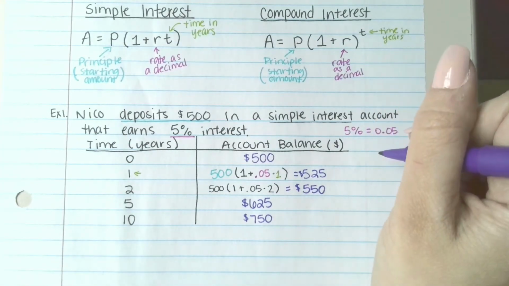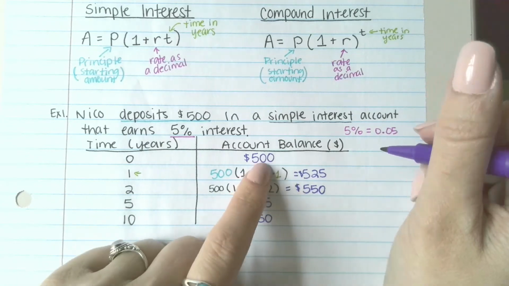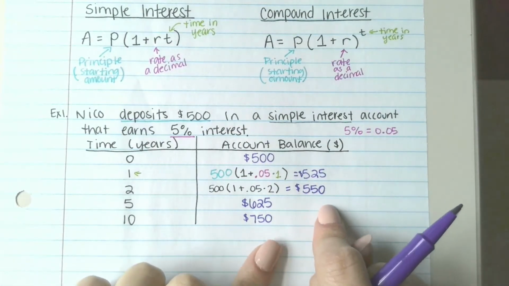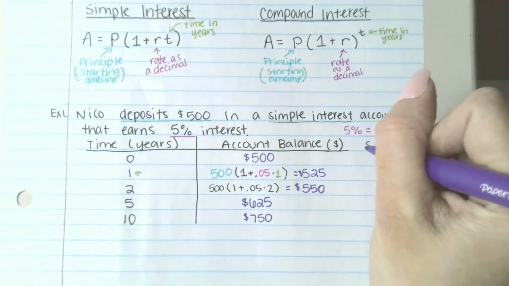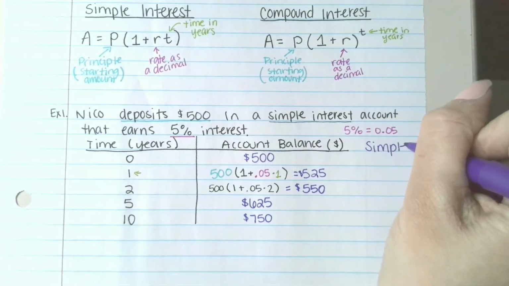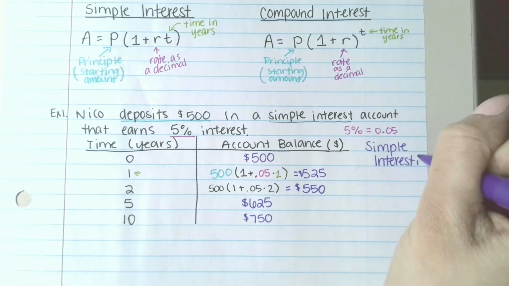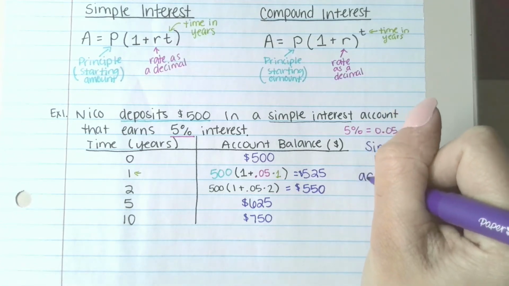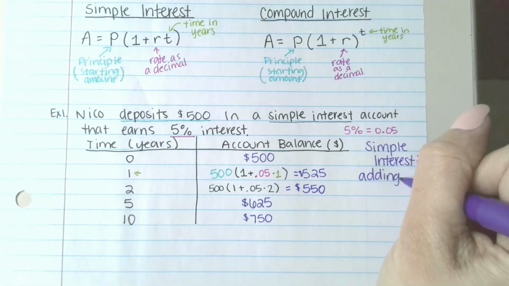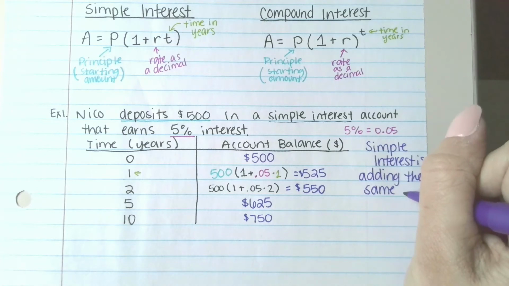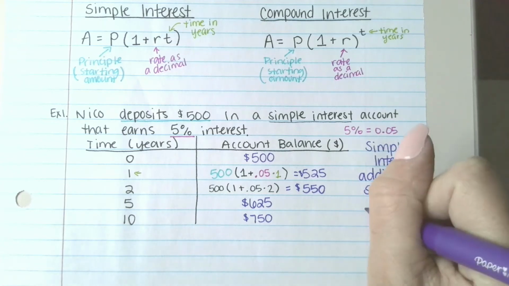So we can see here that this 0 to 1 to 2 is just adding $25 each time. And so the thing that I want you to remember is that simple interest is adding the same amount, I'm going to put AMT, amount each year.